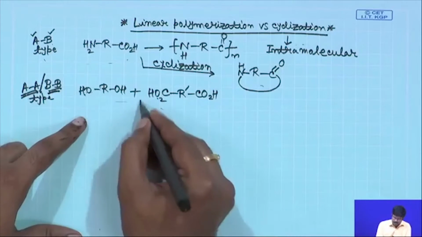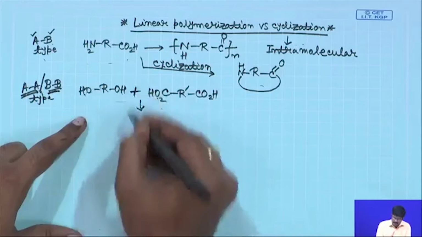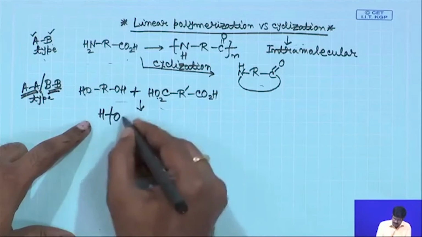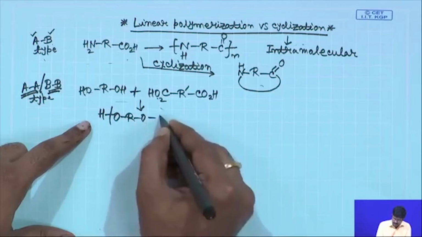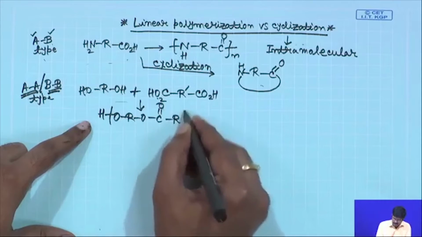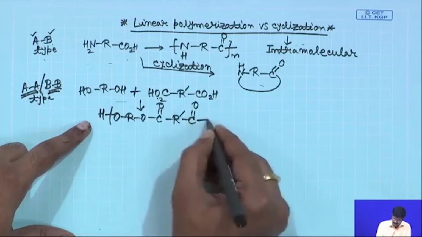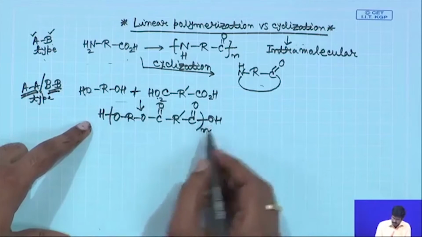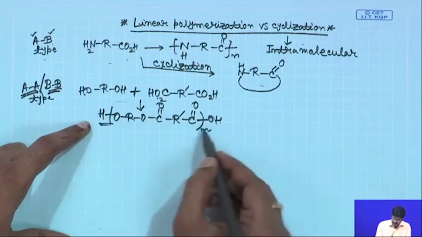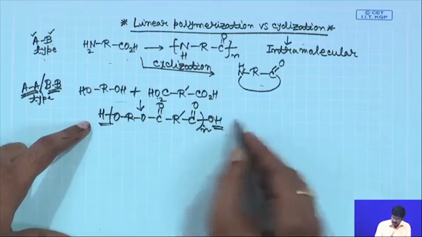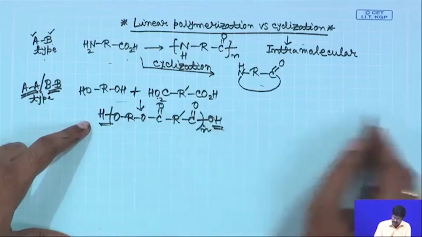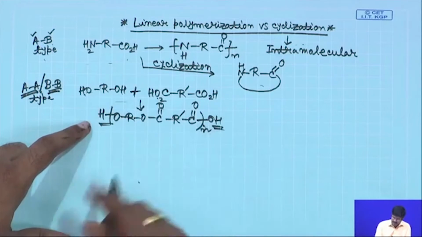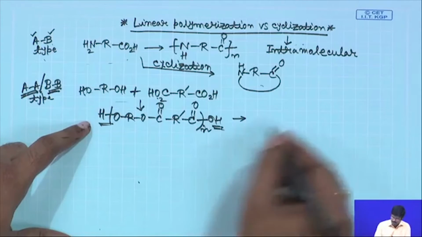Now, suppose it does not cyclize in the monomer stage, but it has formed some oligomer, say like this, some oligomer, n has a certain value. Now, this oligomer also has reactive end groups. Instead of continuing to react linearly with other monomers, it could cyclize like this and it could produce something like this.